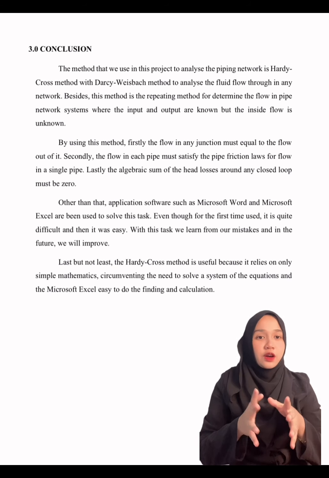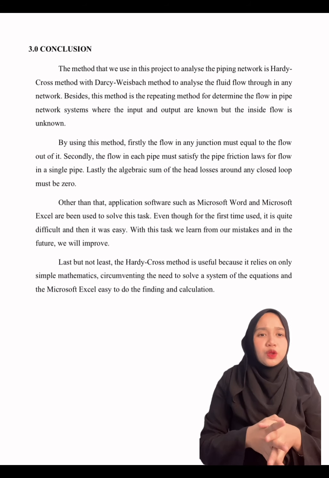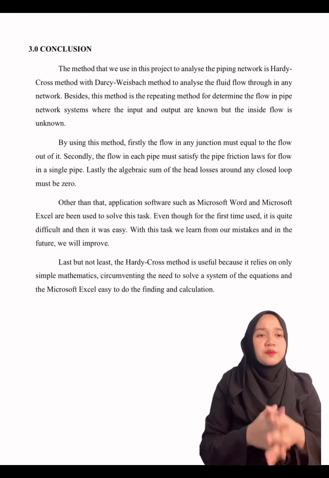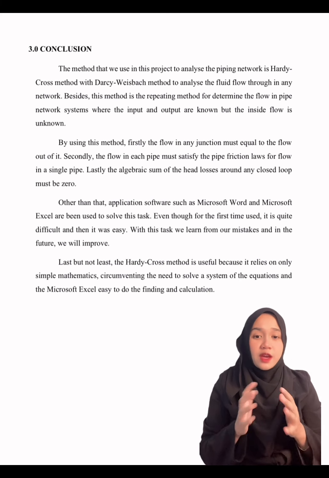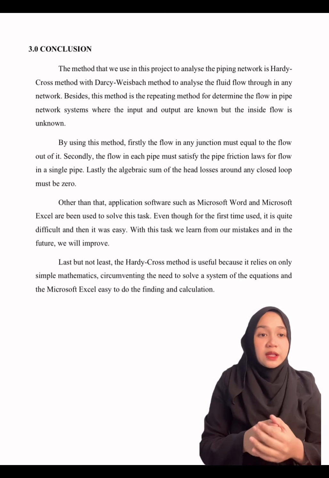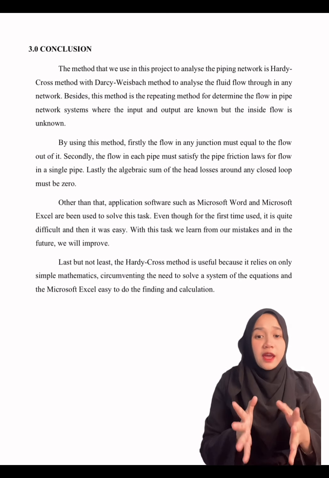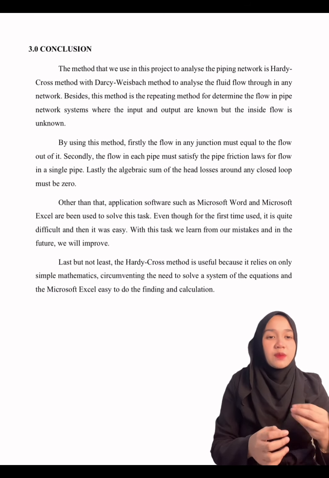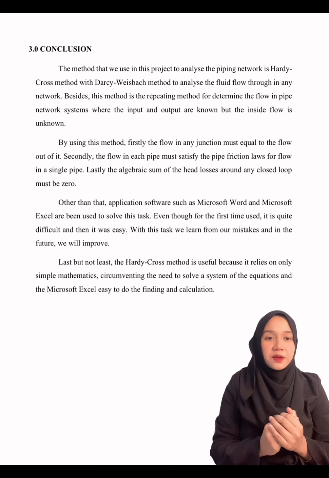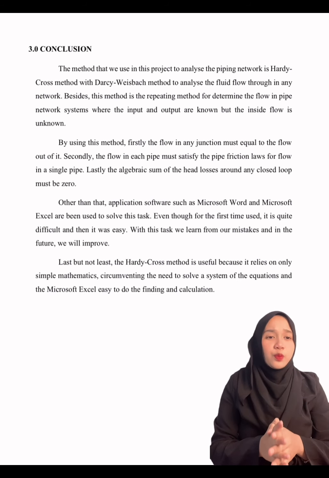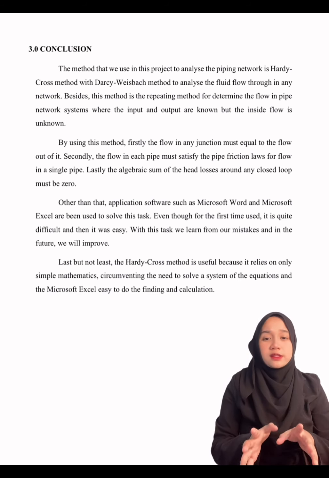Okay, then the conclusion is that the method we use in this project to analyze the piping network is the Hardy-Cross method with the Darcy-Weisbach equation to analyze the fluid flow in any network. Besides, this method is a repeating method for determining the flow in pipe network systems, where the input and output are known but the inside flow is unknown.